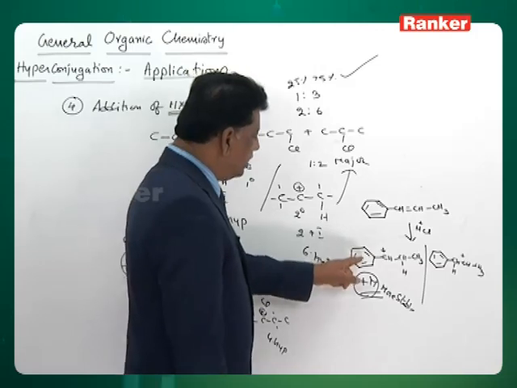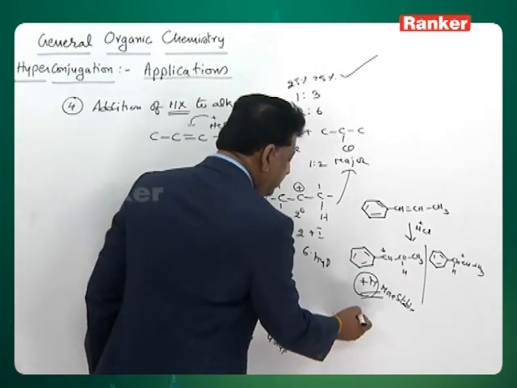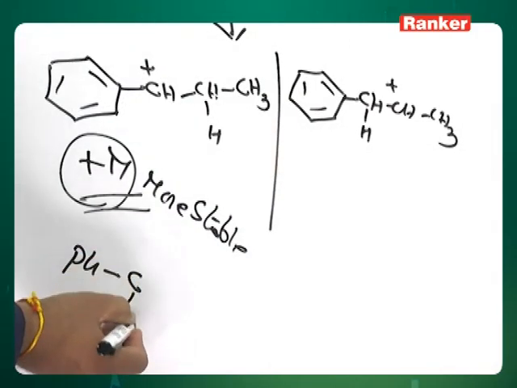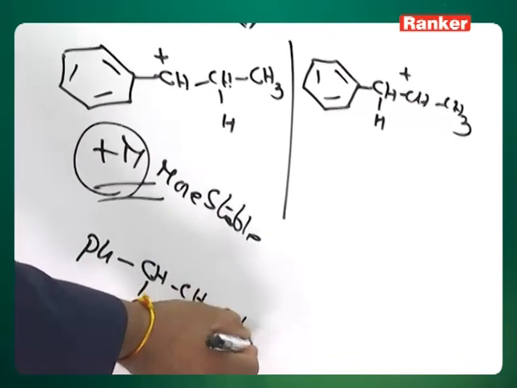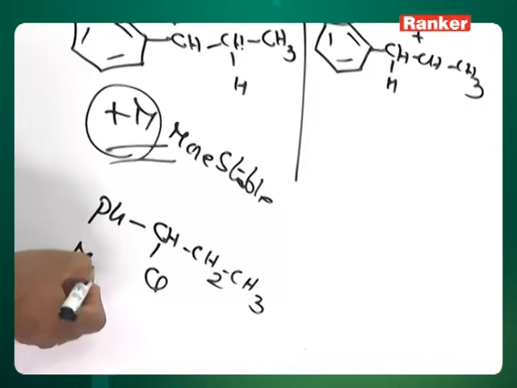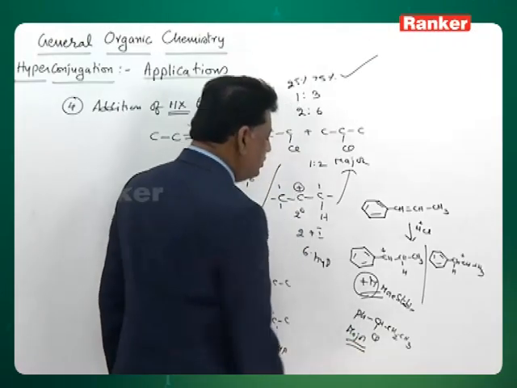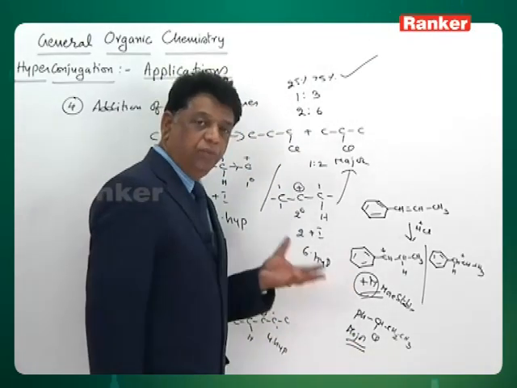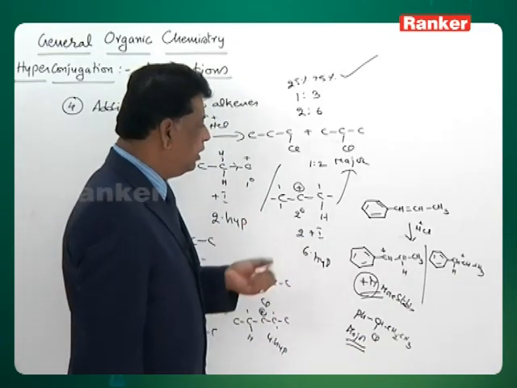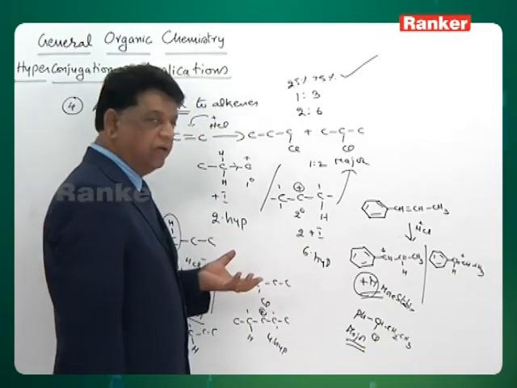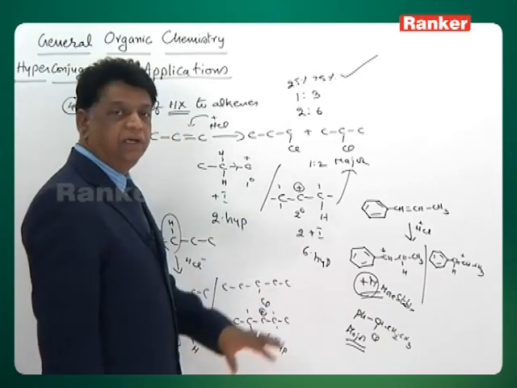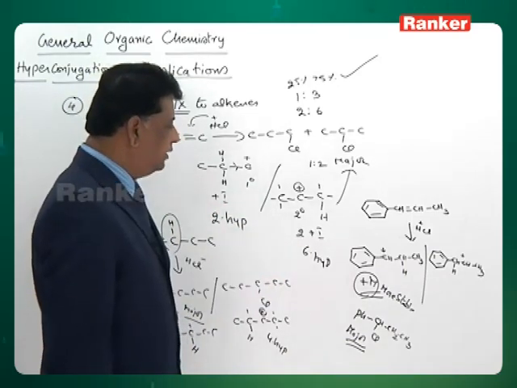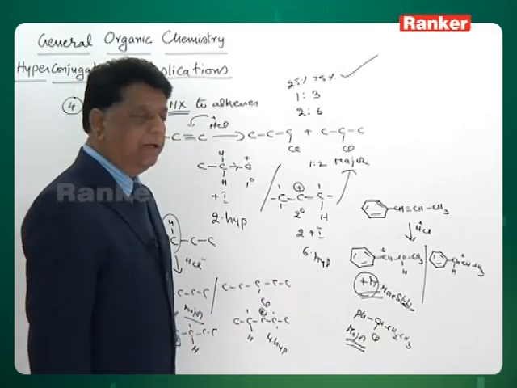So the intermediate with phenyl, with the chlorine this side and the hydrogen that side, will be the major answer. That shows that the mesomeric effect is dominating. Though hyperconjugation is a very strong effect, when the mesomeric effect is contradicting, the mesomeric effect has the upper hand over the hyperconjugation.